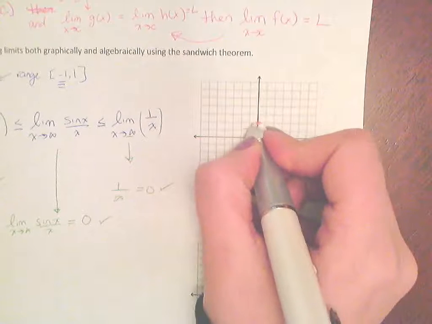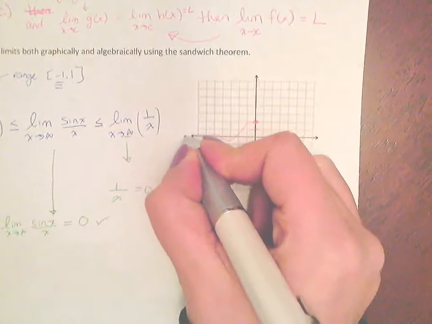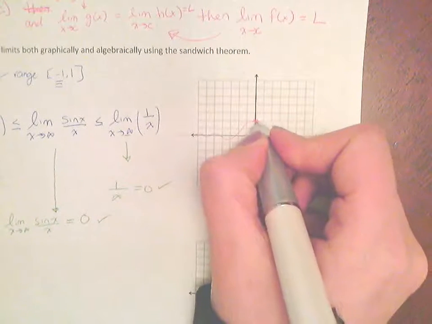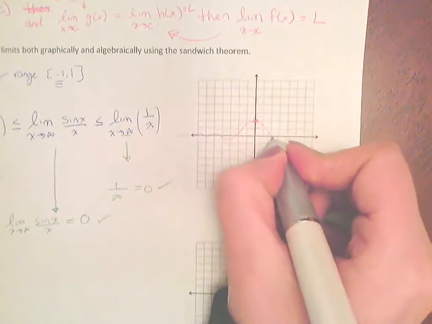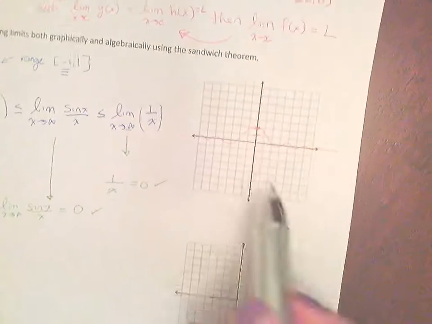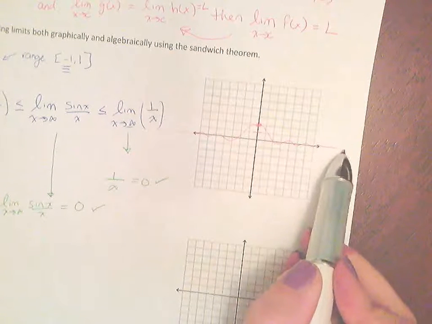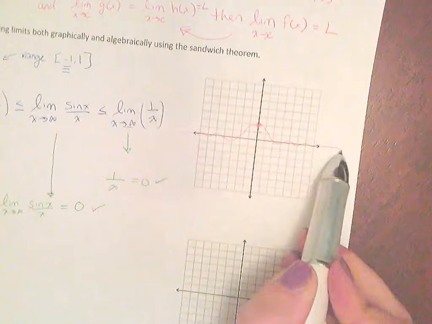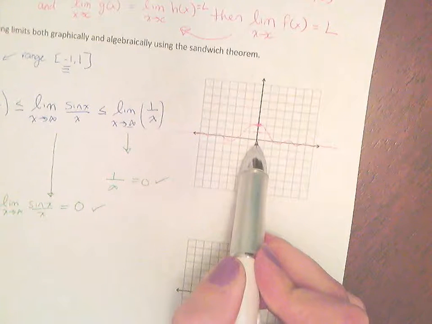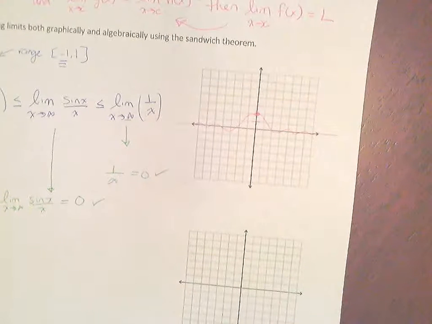It starts going up and down, up and down, up and down, and then the waves get smaller and smaller this way, and then it does the same thing on the other side. So you notice that as x is approaching positive infinity, what's happening to the actual graph? It's getting so small that it's approaching 0. It's approaching the y value of 0. Alright?